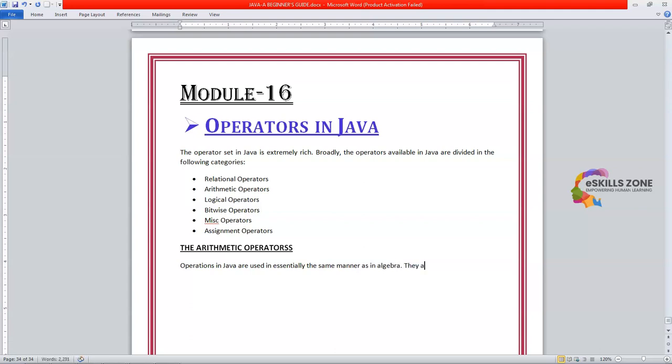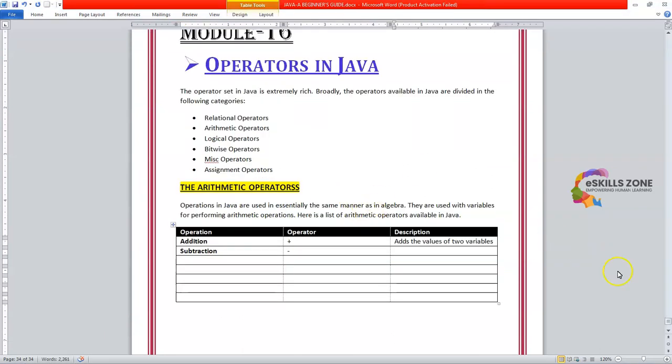They are used with variables for performing arithmetic operations. Here is a list of arithmetic operators available in Java. So we'll discuss a table.